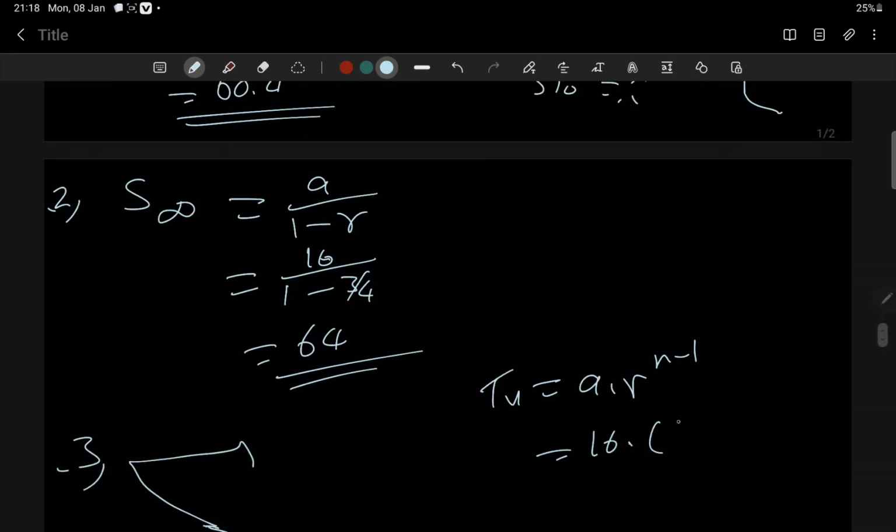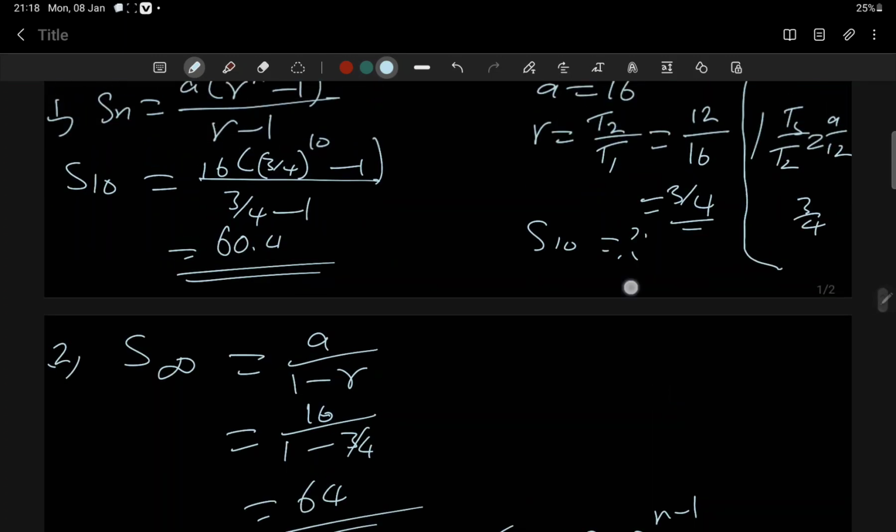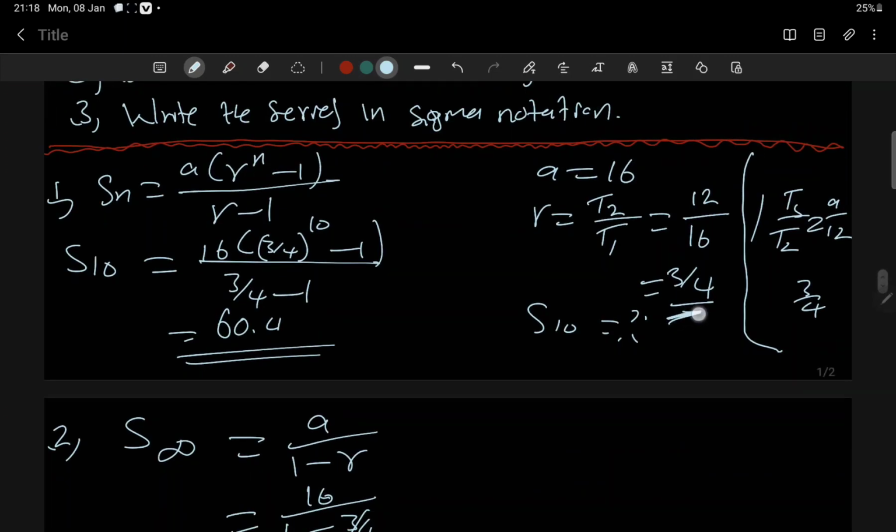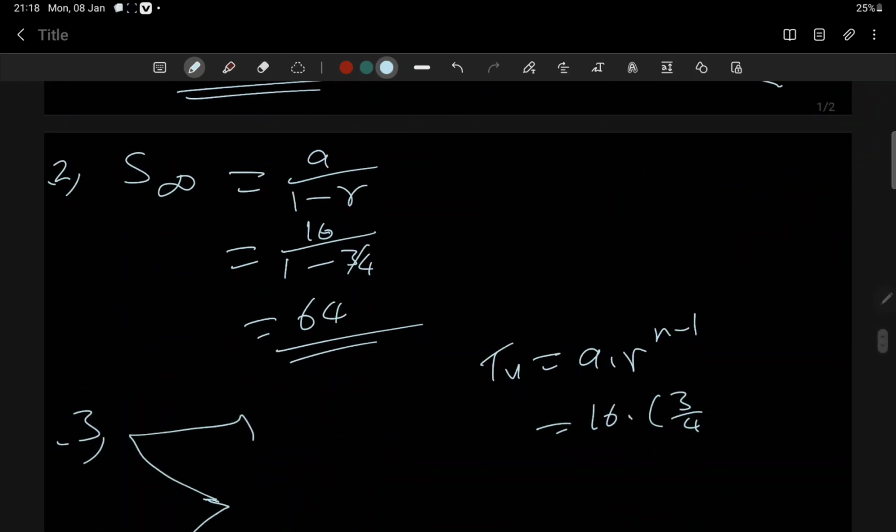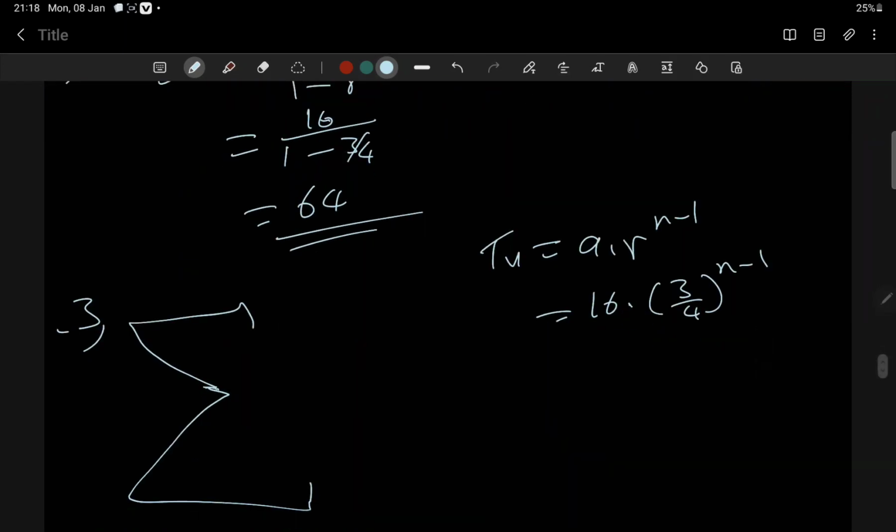Then times our R is 3 over 4. We calculated it here. Then to the n minus 1. There is no need to simplify, so we just plug it here. 16 into 3 over 4 to the n minus 1.